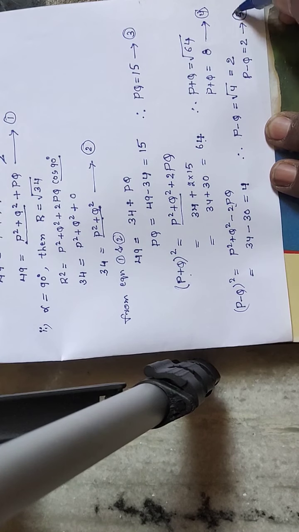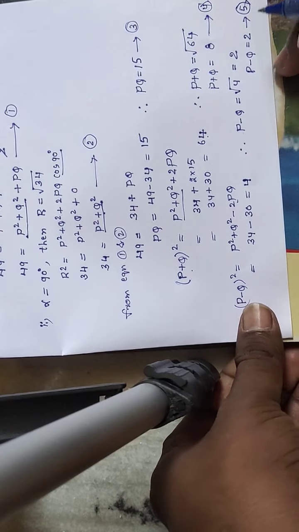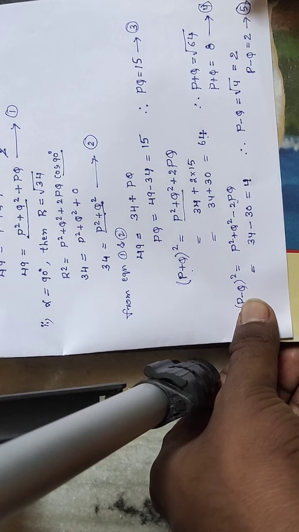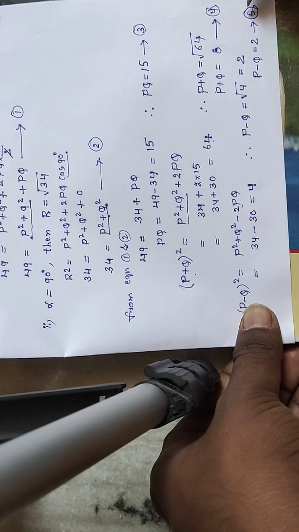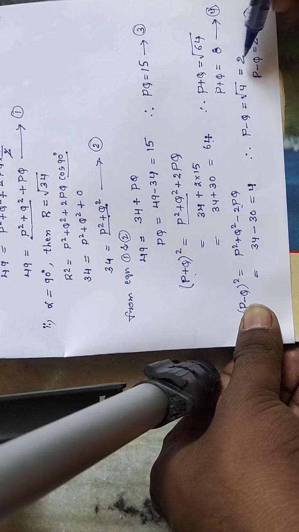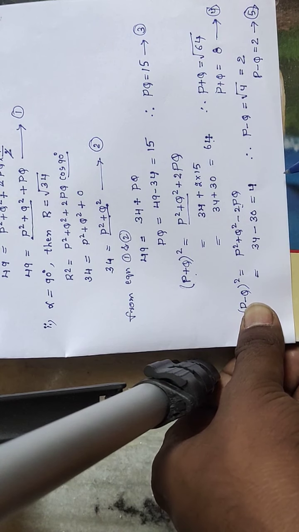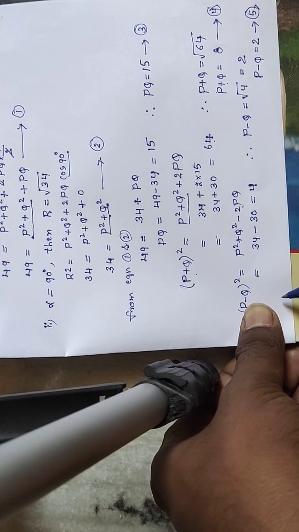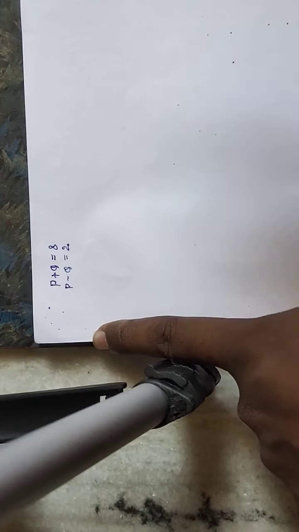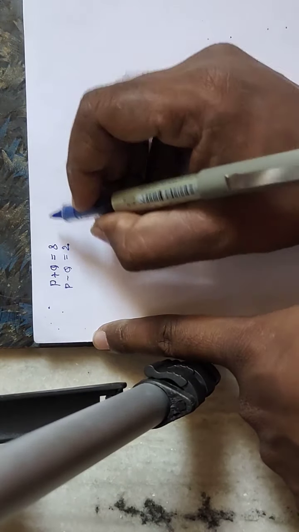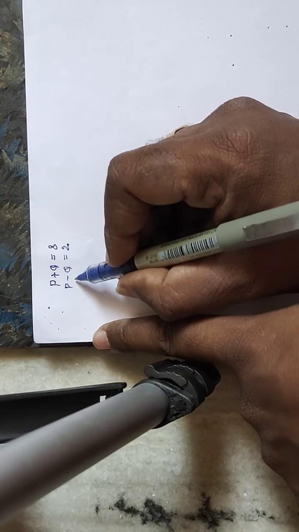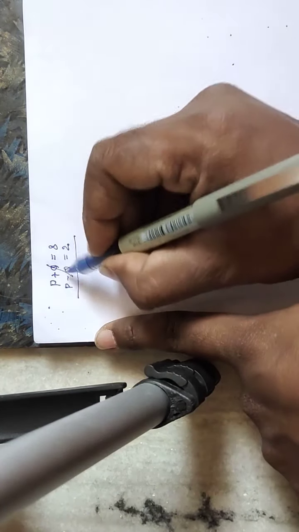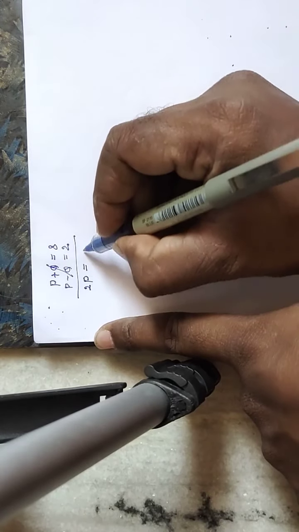So this is the fifth equation. From the fourth equation and fifth equation, we can easily calculate the p and q values. So p plus q equal to 8 and p minus q equal to 2. By solving these two equations, adding the fourth equation and the fifth equation, we get 2p equal to 10.